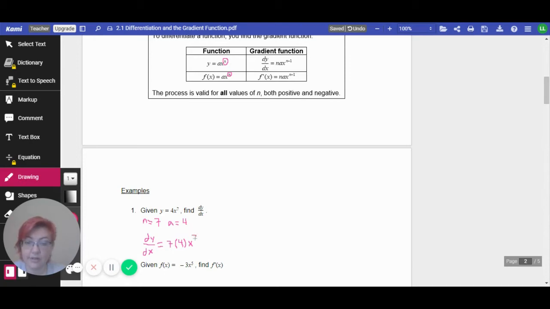My n is 7, so that is 7 minus 1. All right, so 7 times 4 is 28, x, and 7 minus 1 is 6. So for the function y equals 4x to the 7th, the gradient of that curve at any given value of x is 28x to the 6th.